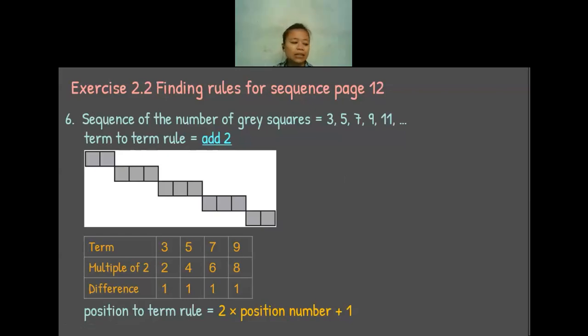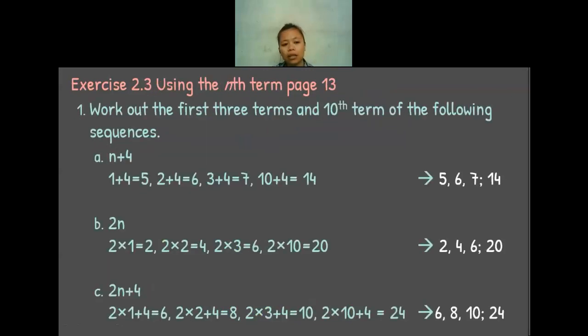We are going to discuss exercise 2.3 about using the nth term. If we already have the nth term in here, the rule is the same as when we have the position to term rule. When we have the position to term rule to find the sequence, usually we replace the position number into whatever position term that we are going to find.